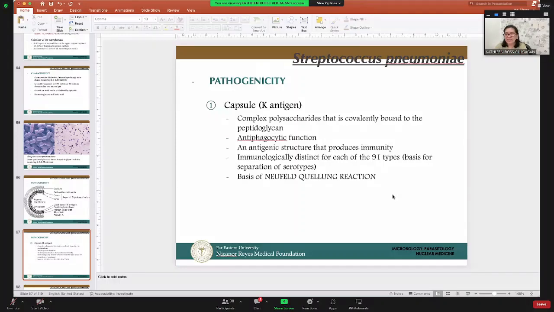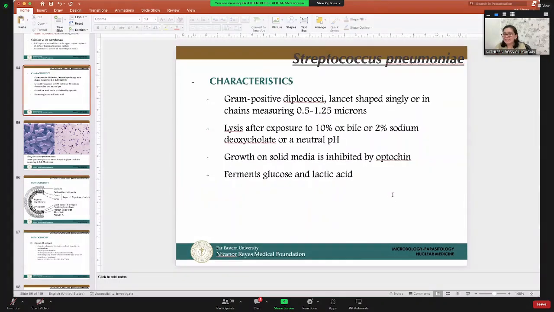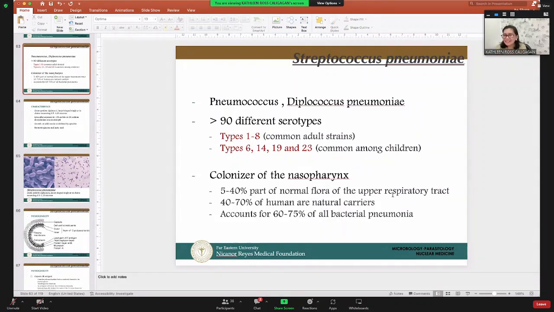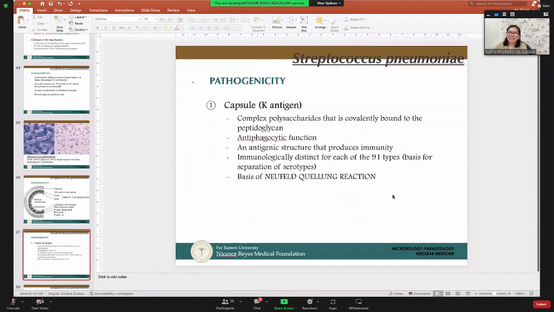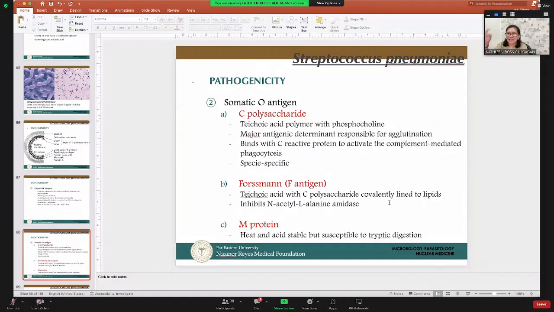Based on this capsule, there are more than 90 different serotypes, which can be identified by the Neufeld-Quellung reaction. That's the test used to identify the different strains.